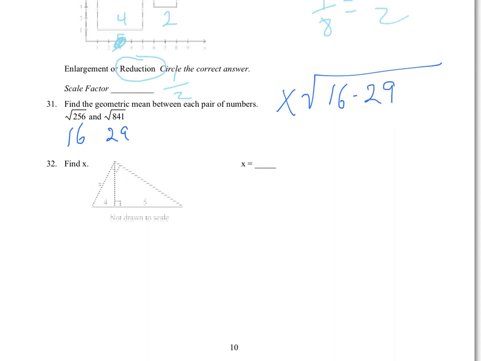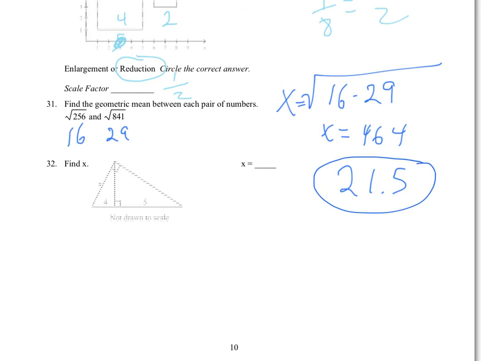And when I multiply 16 times 29, I get 464. The square root of 464 is 21.5. Yeah, that would be my geometric mean between those two numbers, 21.5, and we rounded to the nearest tenth.